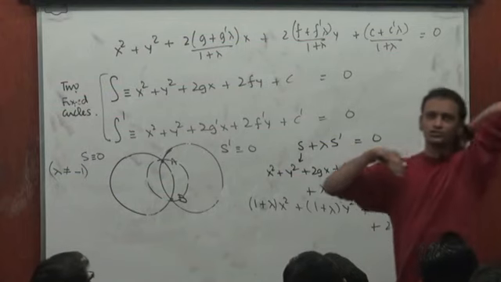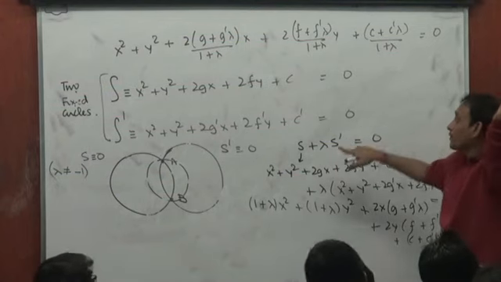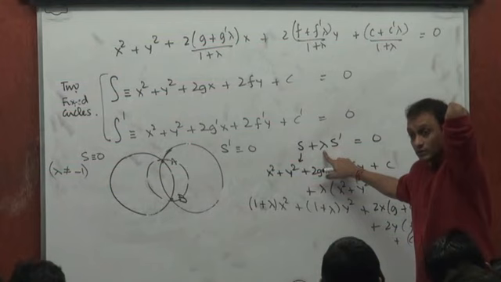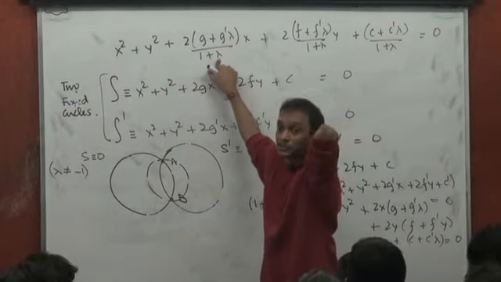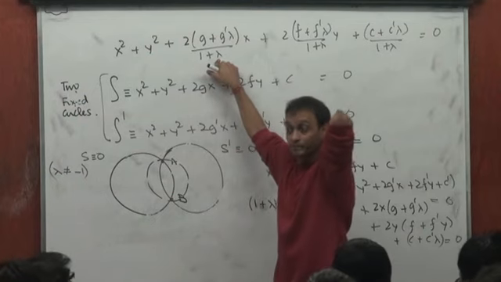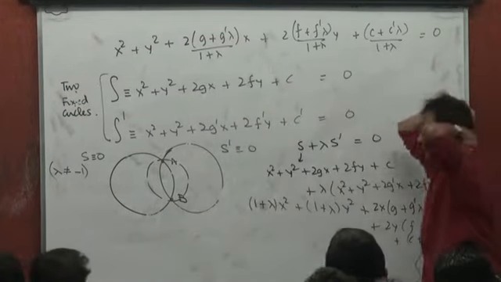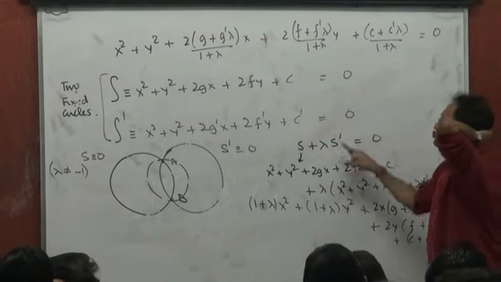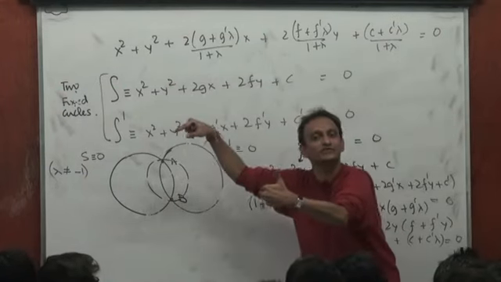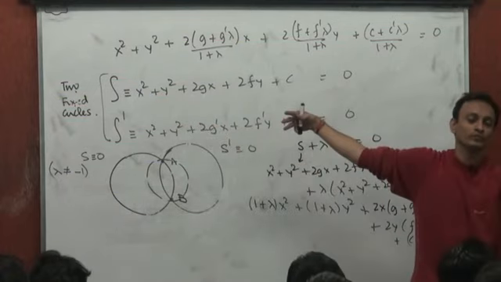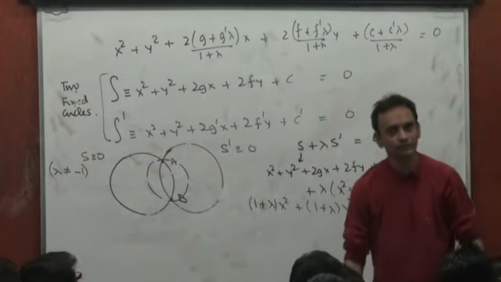And even easier to see, if you vary lambda, as long as lambda is not minus 1, because lambda equal to minus 1 will cause this to be undefined, right? So as long as lambda is not minus 1 and you vary lambda, you will still get a circle, but you will get different circles for different values of lambda. Yes or no? Are you there with me?